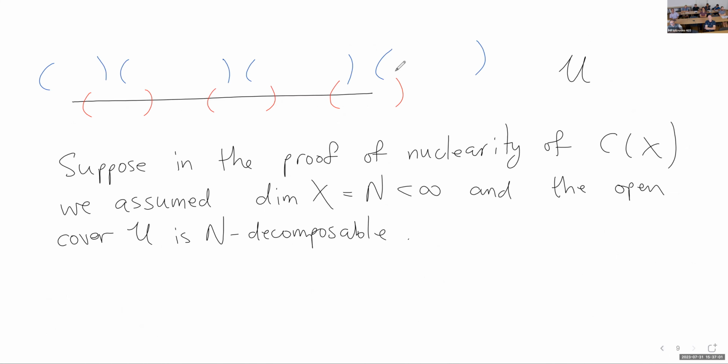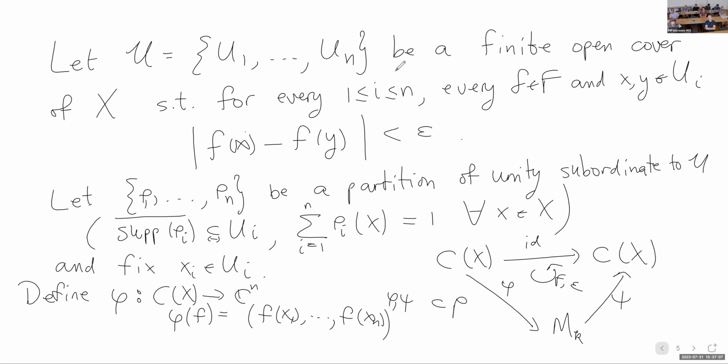All right, but by dimension, I mean this. Let's go back to the proof of nuclearity. We picked the finite set and we picked the next one and we chose an open cover, and we made sure that the sets are small enough so that each of the functions varies by at most epsilon. But then we can take a refinement of this to get something even smaller, where this still holds, but also we have this n-decomposable property.